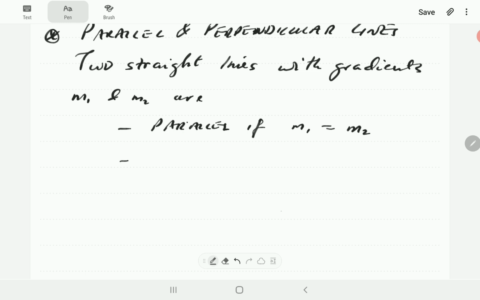These lines are going to be perpendicular if m1 times m2 is -1.